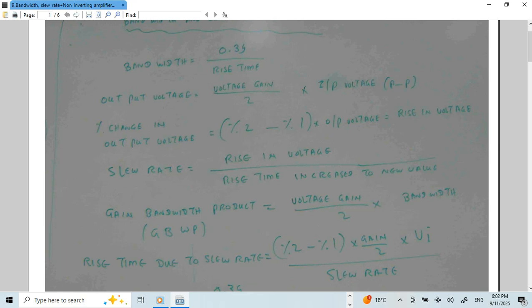Rise in voltage divided by the rise time increased to the new value. So this is how we can calculate the slew rate.